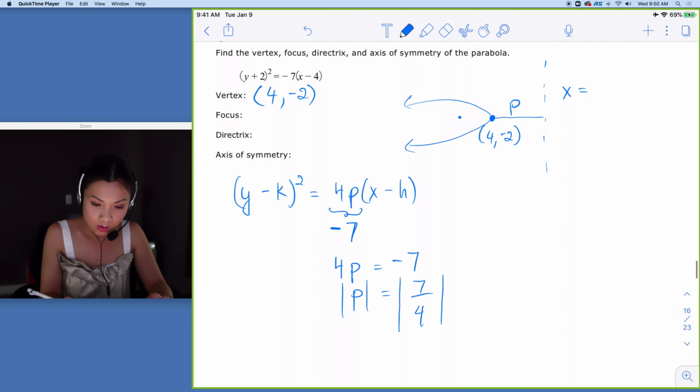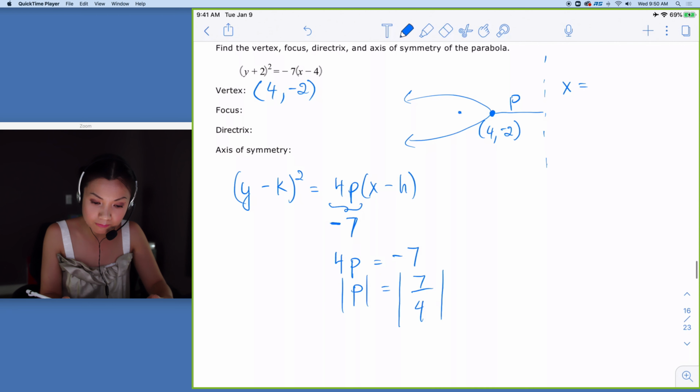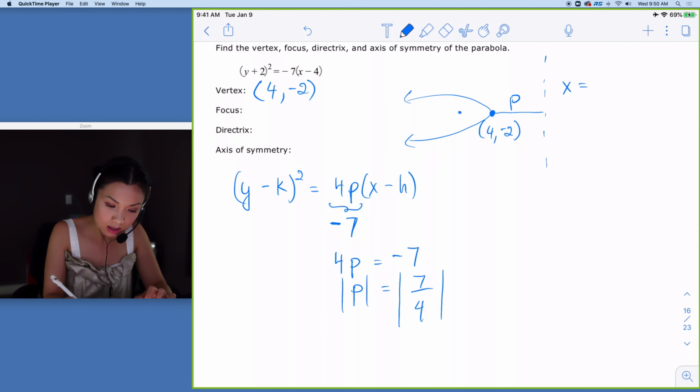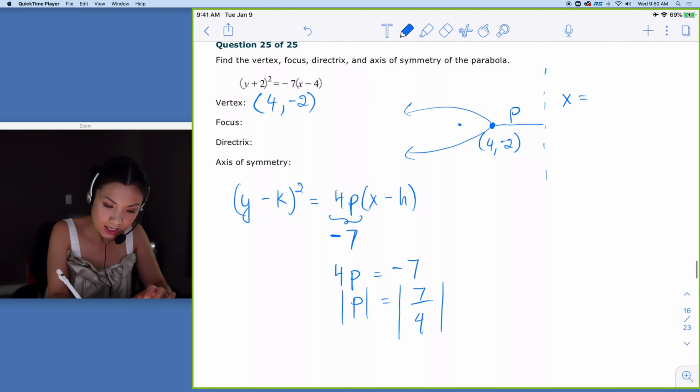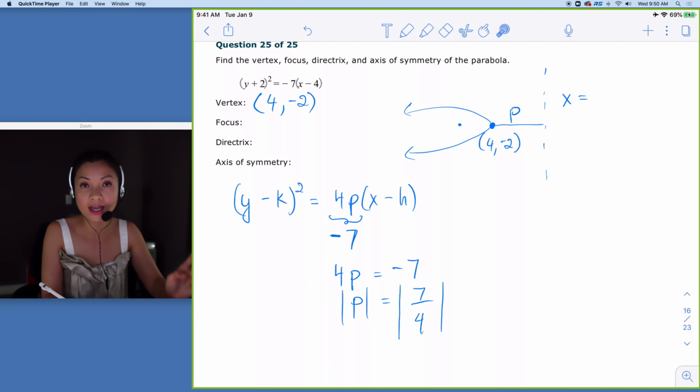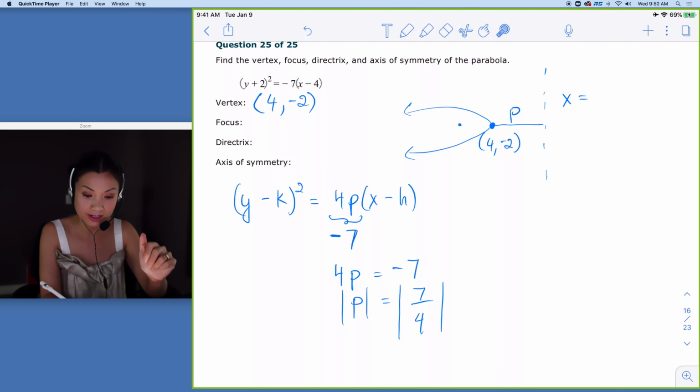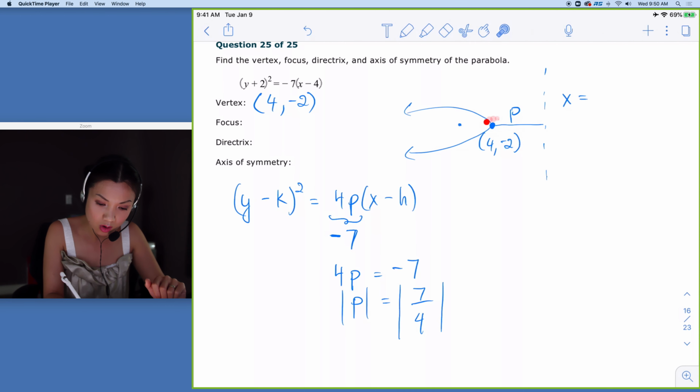Now, to find the focus, you see right here for the vertex. Okay, don't forget x is the number that changed. So 4, and then we go p distance, we're going to get to the focus.